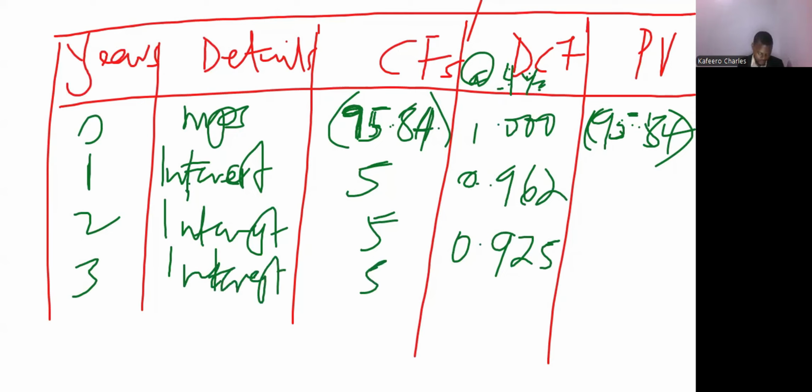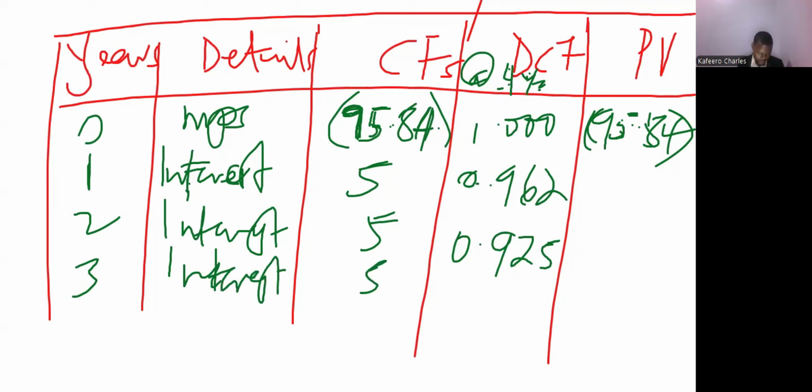But the argument that I want you to get is that since we have gotten a positive NPV, now we want to look at which rate is going to help us get a negative NPV, because we need both the positive and the negative NPV.